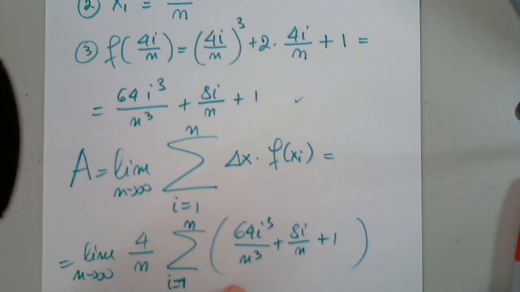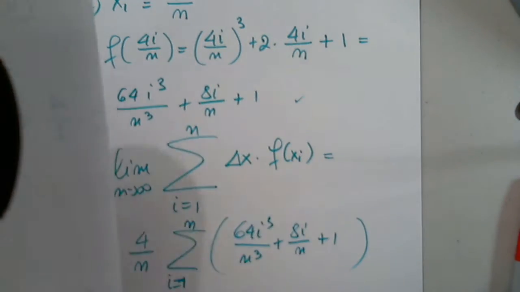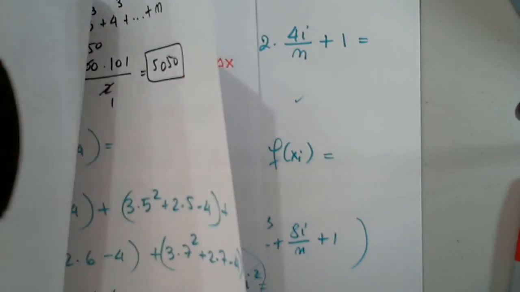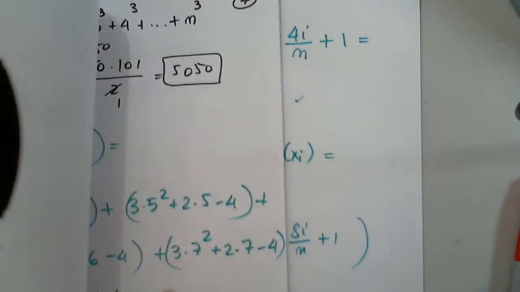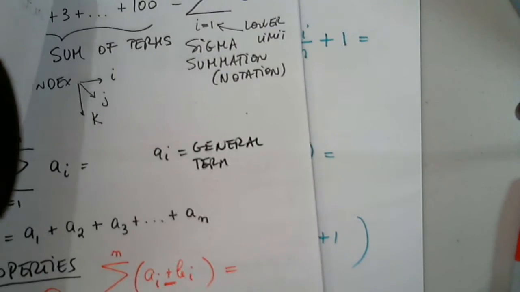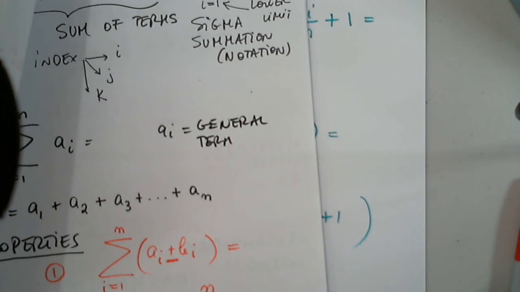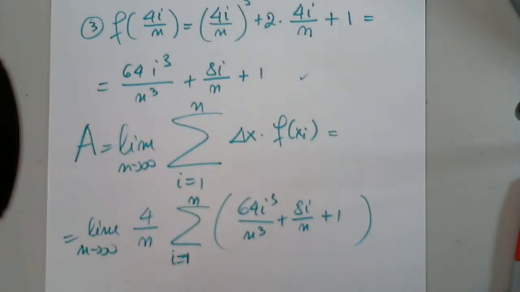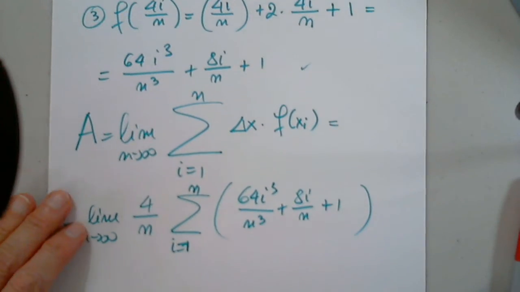One of the properties of the summation notation, the first one we listed, was that the sum of ai plus bi plus ci is the sum of ai plus the sum of bi plus the sum of ci. So we have 3 terms here, so we have to break up the sum.